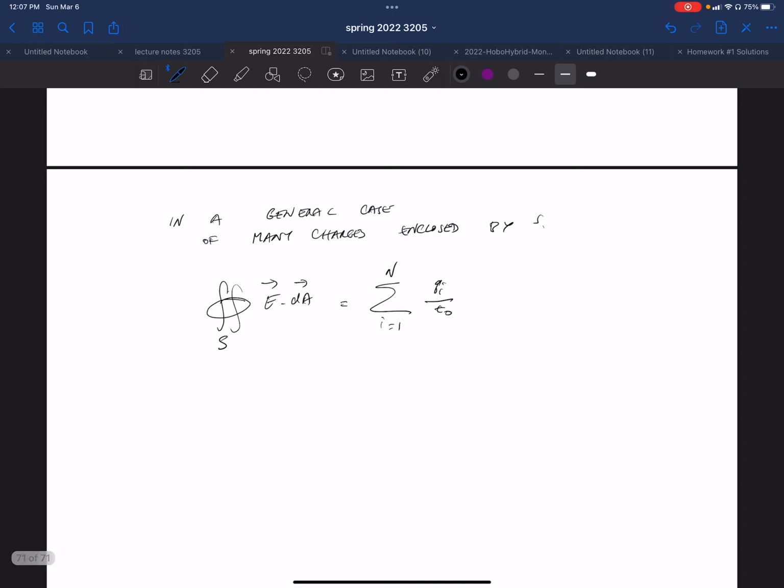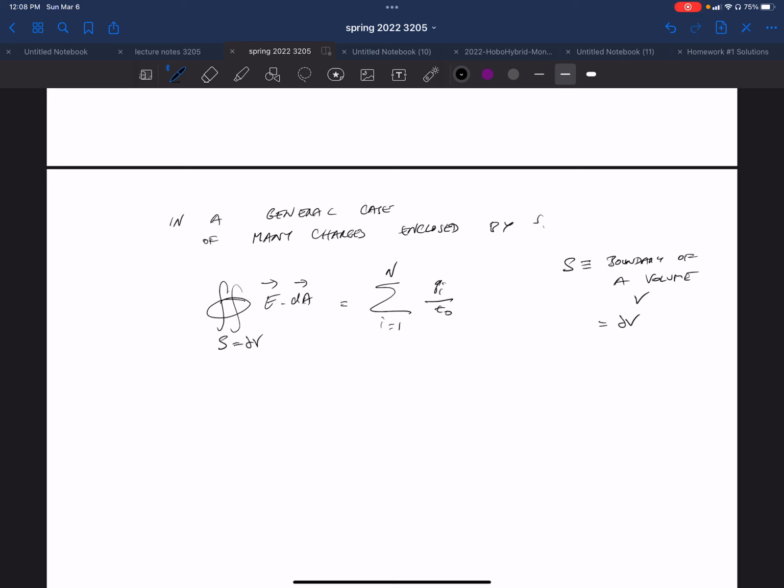Another way of saying S: we define S as the boundary of a volume V, and the way they write that is dV.